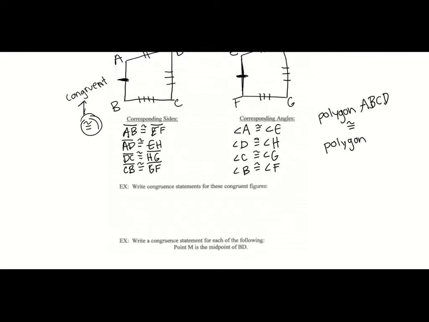So A goes with E, B goes with F, C goes with G, and D goes with H. So this is our final congruent statement.